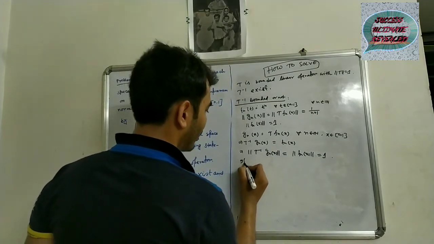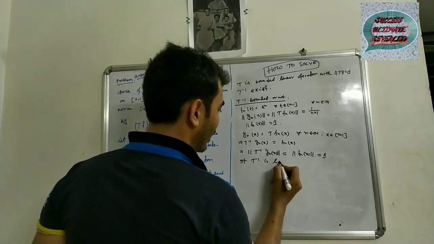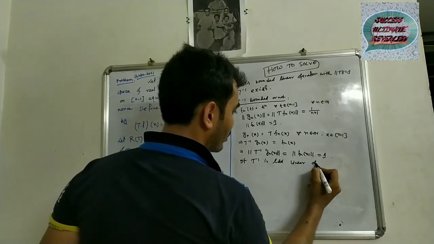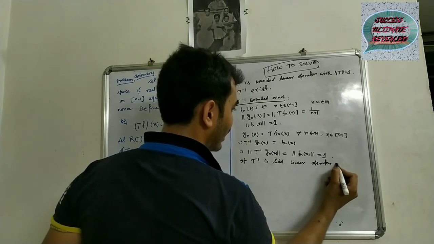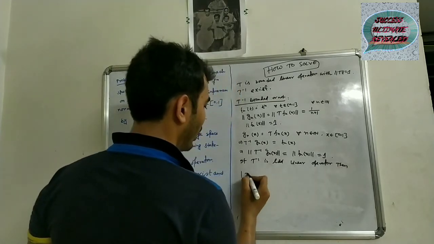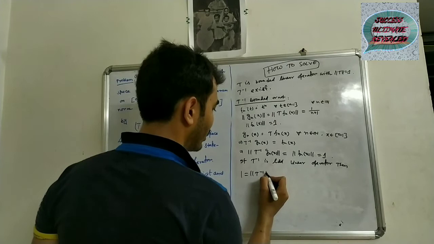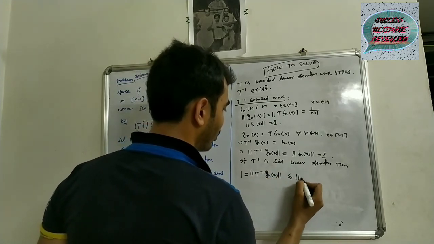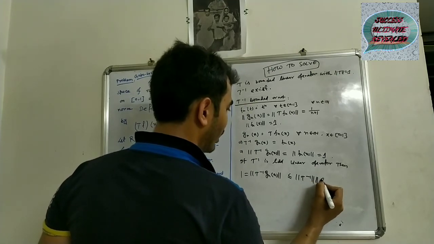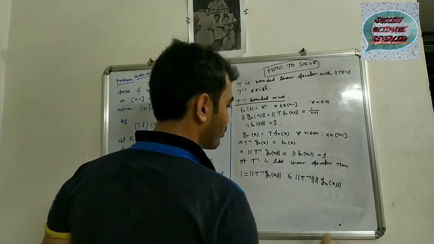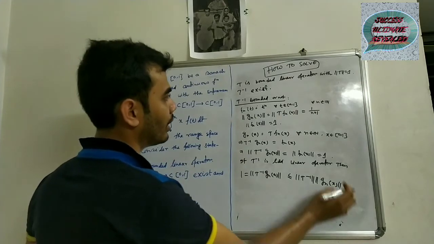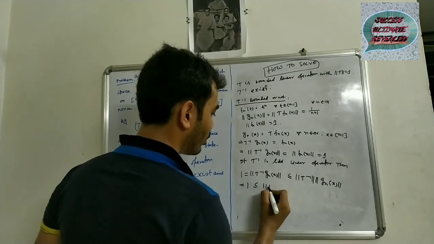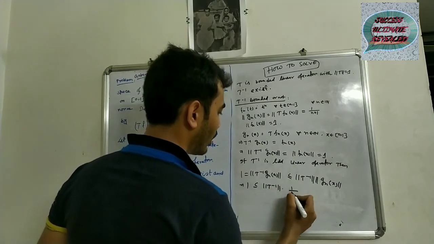Now if T inverse is a bounded linear operator, then 1 equals the norm of T inverse g_n(x), which is less than or equal to the norm of T inverse times the norm of g_n(x). Clear? And the norm of g_n(x) equals 1/(n+1).